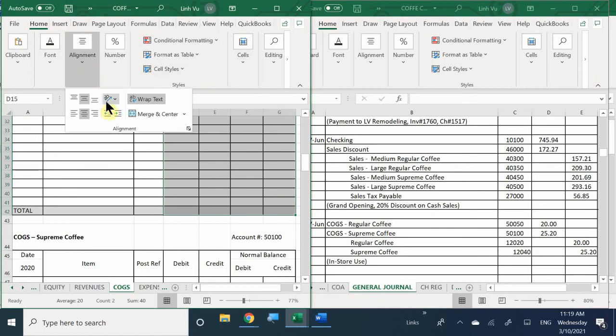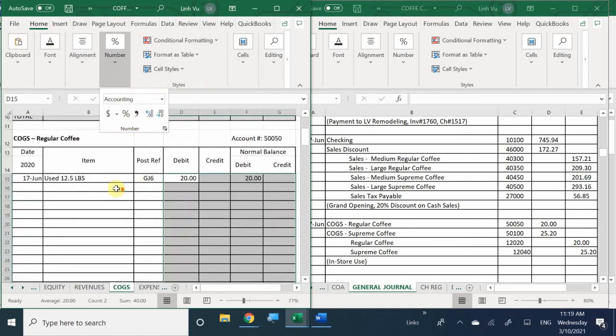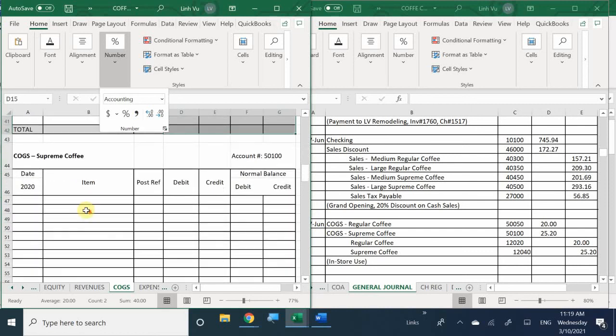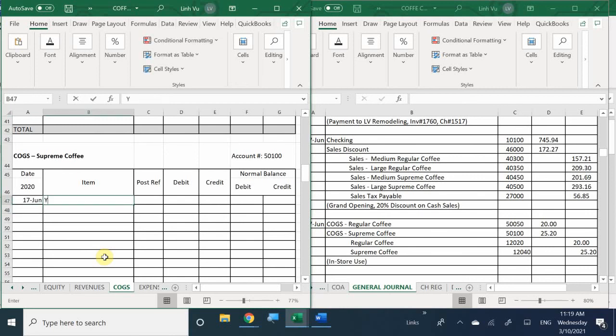Format this to comma style. And then now I'm going to update my cost of goods sold for my Supreme coffee. How many pounds did I use? We used 14 pounds. General journal number 6 once again, and it's going to cost me $25.20.